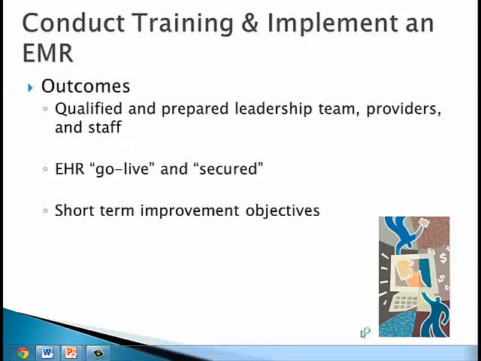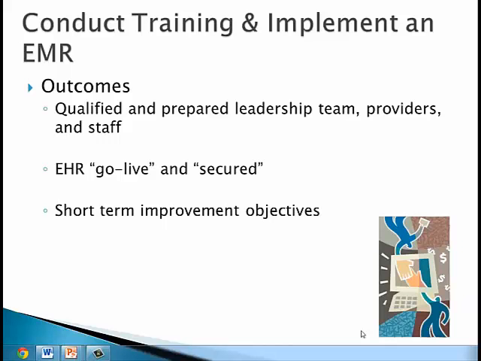So with any implementation or any project, we have processes that we hope to achieve, and then we have outcomes that are hopefully measurable and that we were able to achieve. So when we implement an EMR, we hope that we are able to achieve these outcomes. We want qualified and prepared leadership teams, providers, and staff. We want them to be able to use the system.